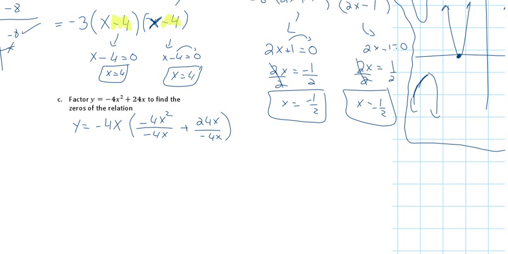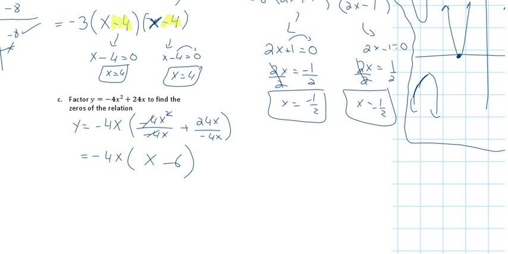When I do so, I'll be left with negative 4x and then this one is going to be just x, plus, or sorry, minus, because negative 24 over negative 4, that's a minus 6. So this is the factored form.